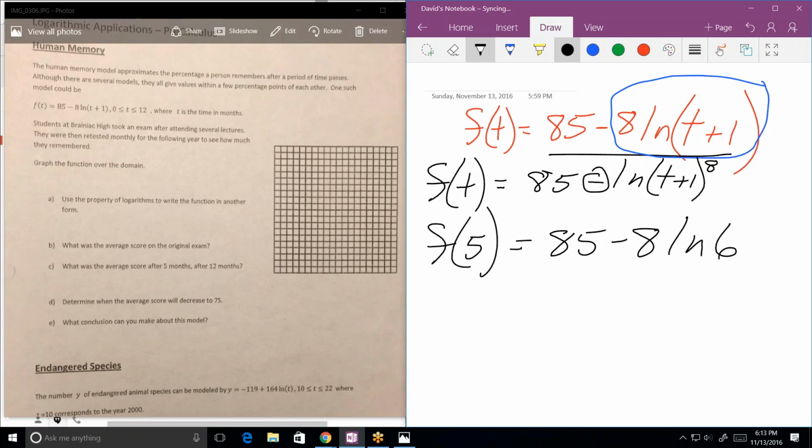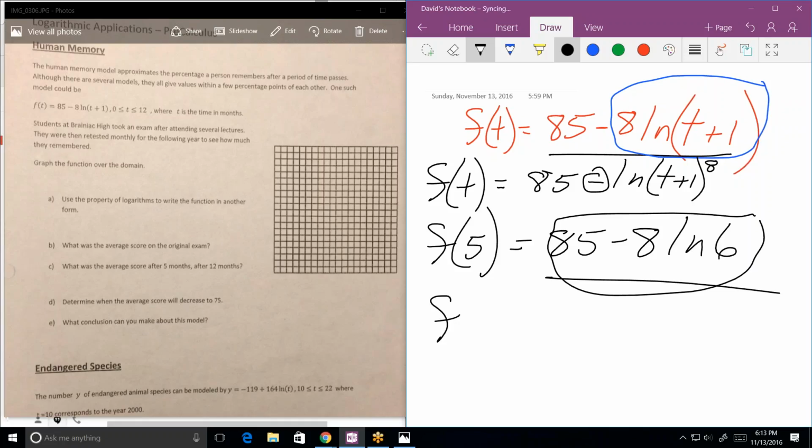So I would use the original format and just plug in 5 for t. That's going to give you a number, and that's what the students averaged after 5 months. That's how they got this equation, empirically determined. And then after 12 months would be f of 12.